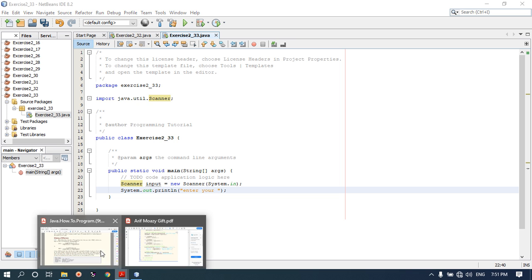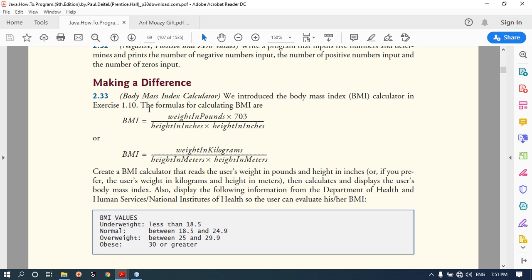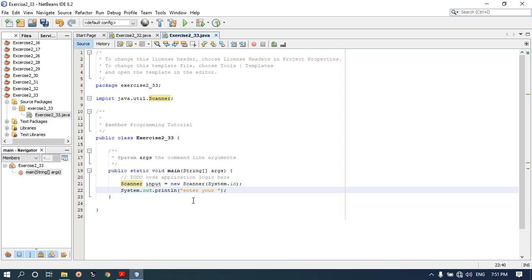Sorry, I don't know the spelling of enter your weight and kilogram kg.